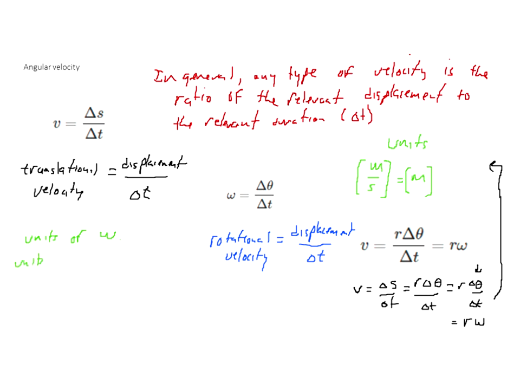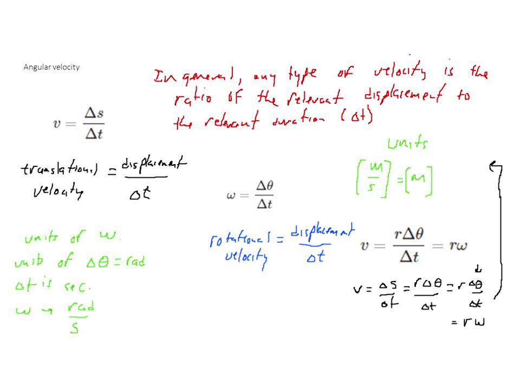So units, sorry, I didn't write the word units very well there. Delta theta is equal to radians, and of course, delta t is seconds. So the units of omega is radians per second.